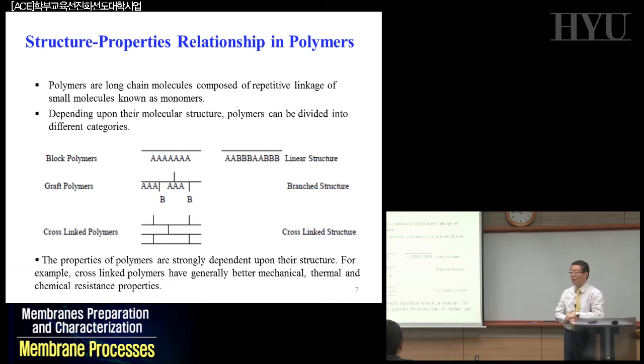So recently, although it's difficult to make block copolymers, you can make self-assembly membranes and very unique layer-by-layer membranes out of these block copolymers, and it's a pretty hot topic for the scientists making the block copolymers.